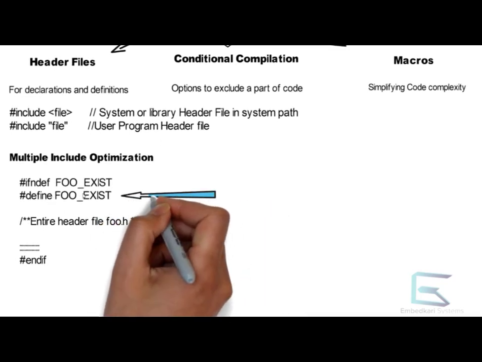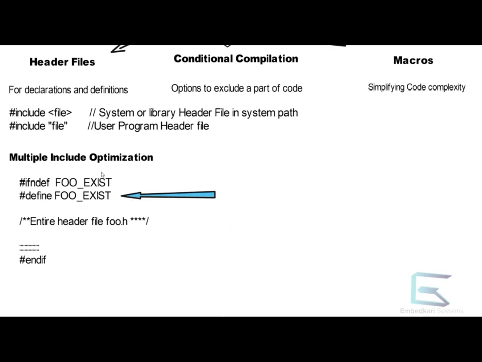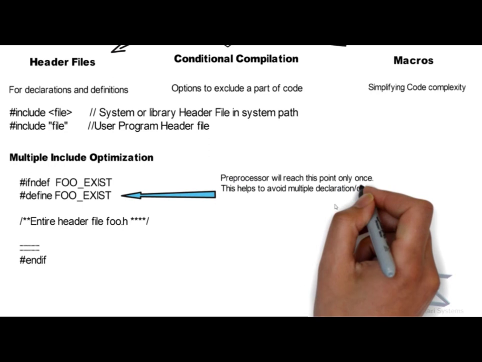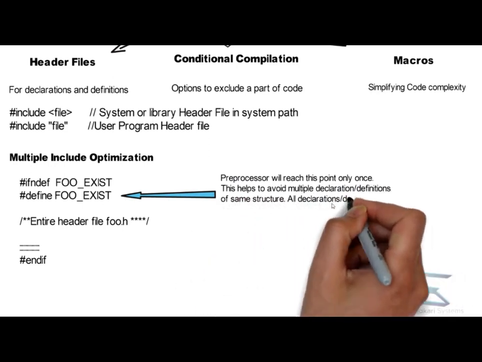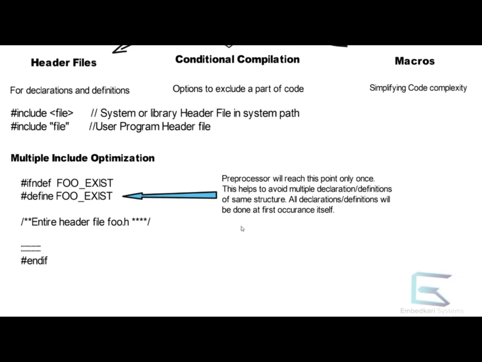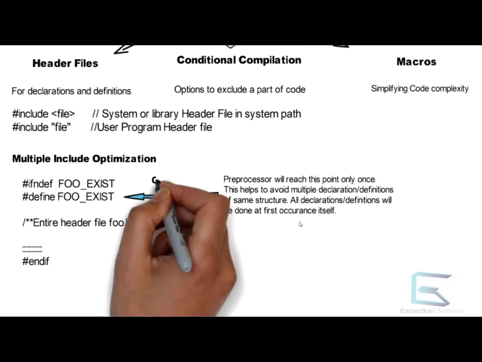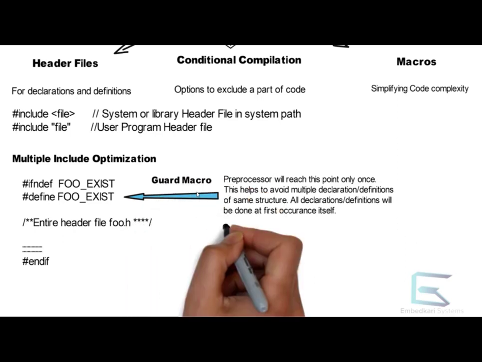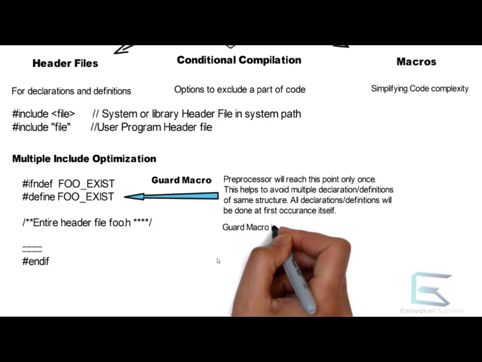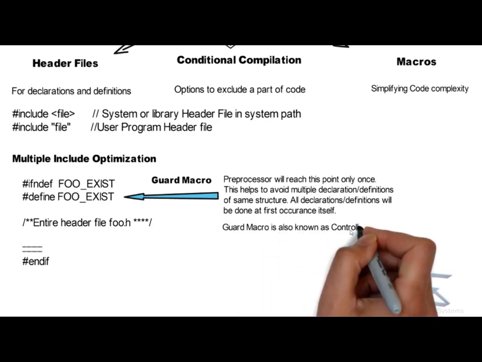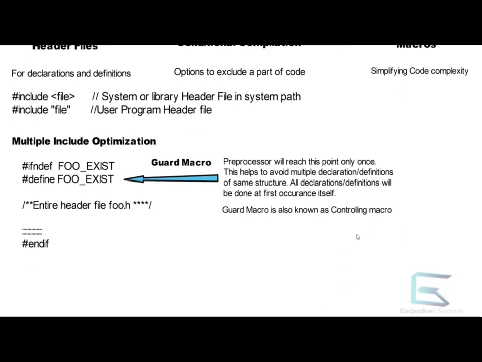So this is only a once kind of entry. The preprocessor will reach this point only once. This helps to avoid multiple declaration and definition of the same structure. All declarations or definitions will be done at the first occurrence itself. So this is called a guard macro. It is guarding that, and it is also known as the controlling macro.